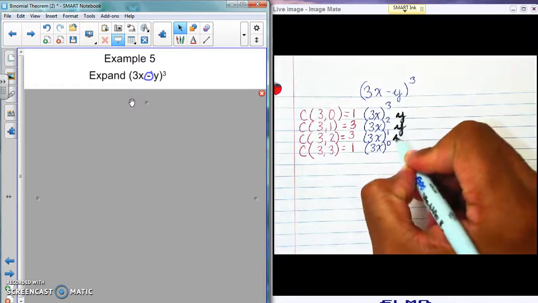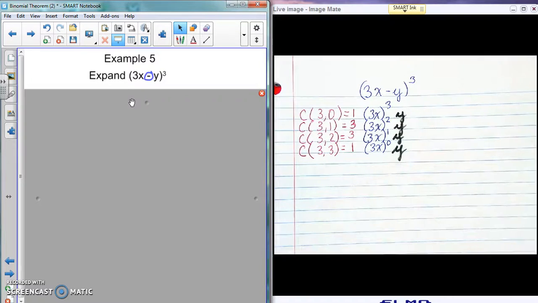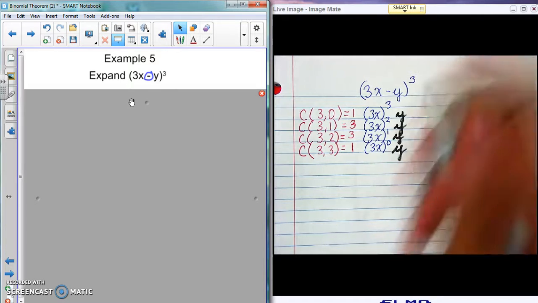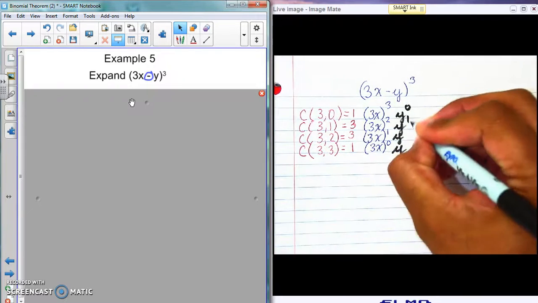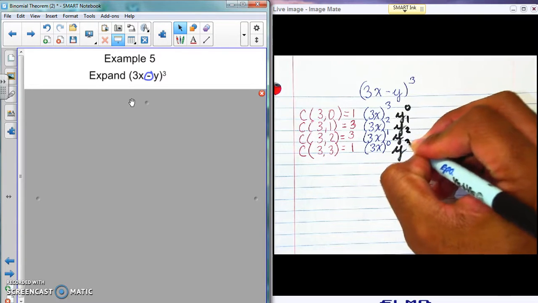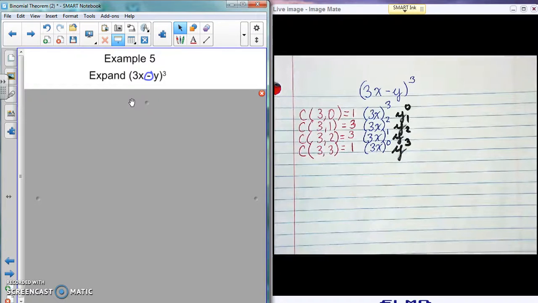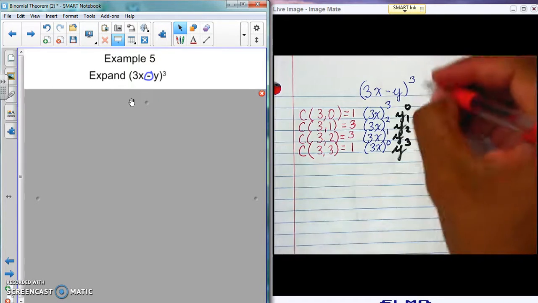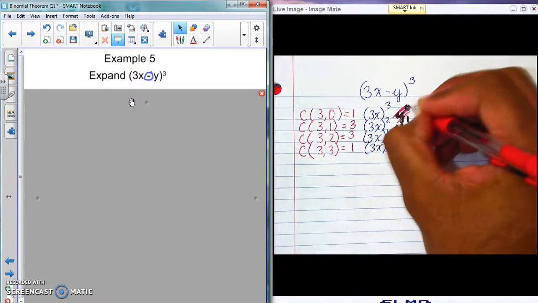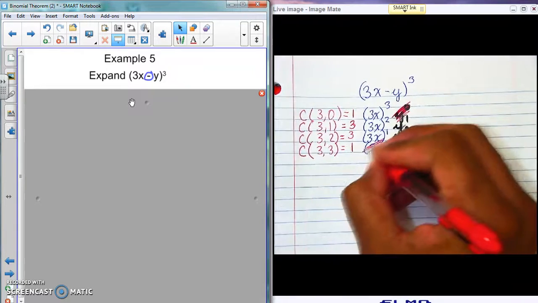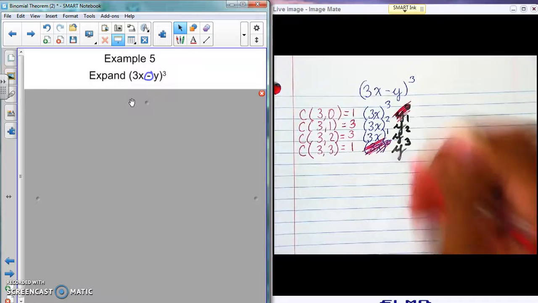That's at the very end. So we put the y in there, leave the negative alone. And again, we start off with 0 and we go all the way to the highest exponent, which is 3 here. Okay, get rid of anything to the 0 power. Get rid of it, you don't need it.